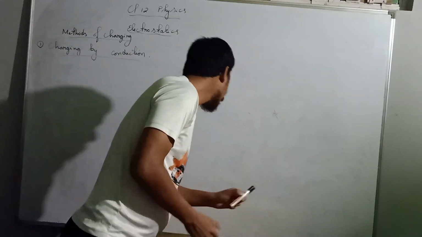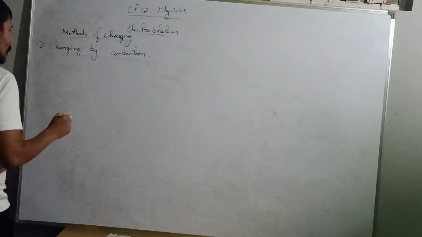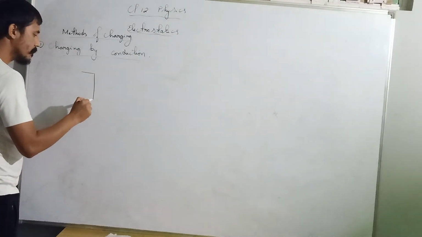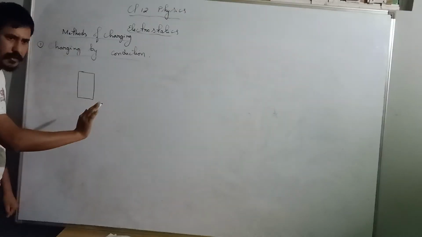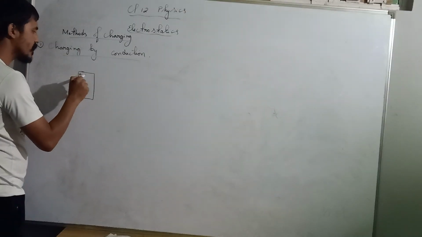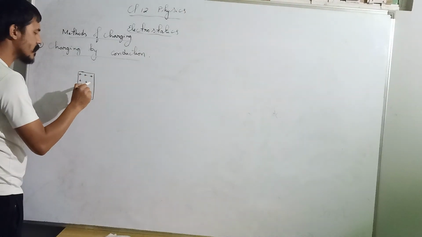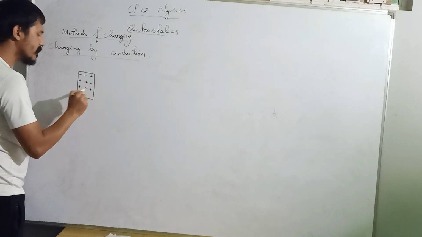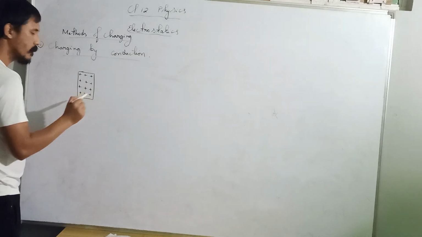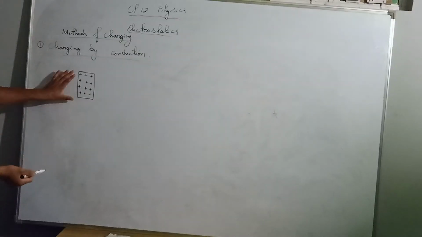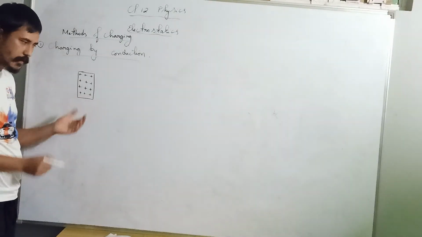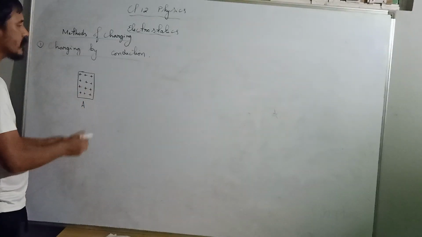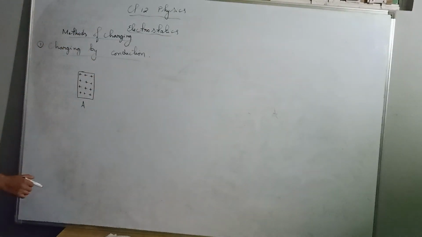Suppose you have a fully charged body. Let's say that it has excess of positive charge. This is a positively charged body. Or you can take a negatively charged body, no problem. So suppose this body A is positively charged.